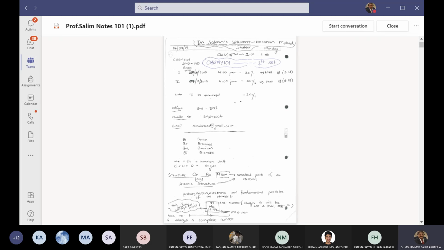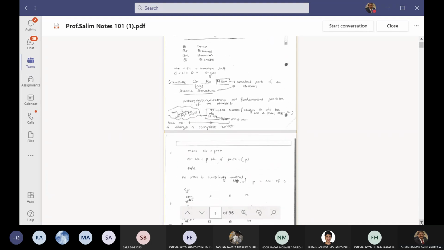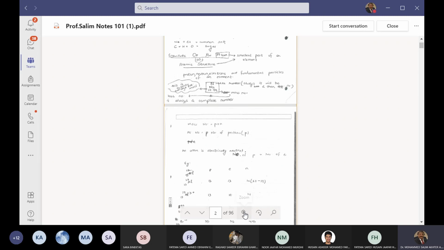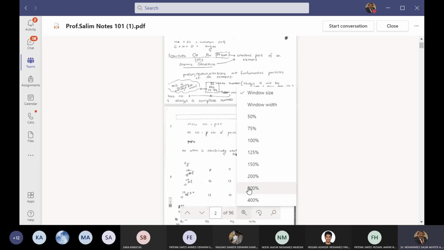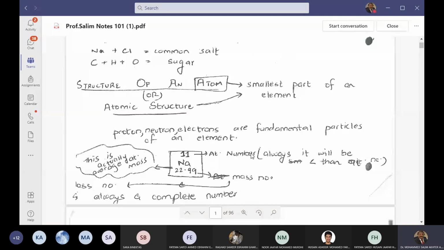Mass percent is given, find molarity. All sorts of conversion between the units. After conversion of the units, we talked about Henry's law, and Henry's law is very, very important.